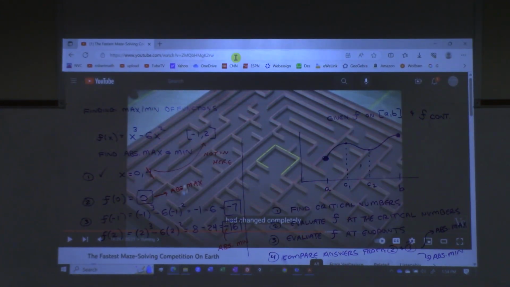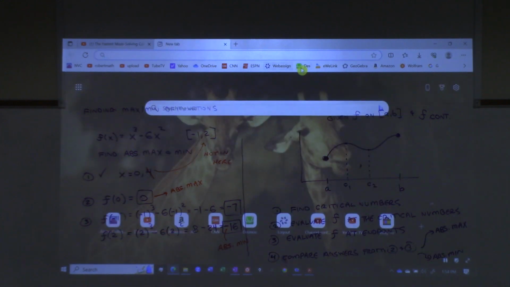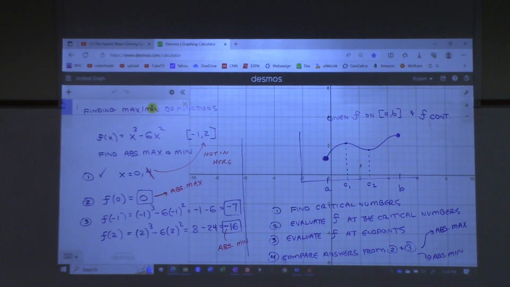what I'd like to do is go to Desmos and graph this. Y equals x cubed minus 6x squared. And if you want to do an interval in Desmos, you put a brace. We're going for what, -1 to 2? -1 less than or equal to x less than or equal to 2.